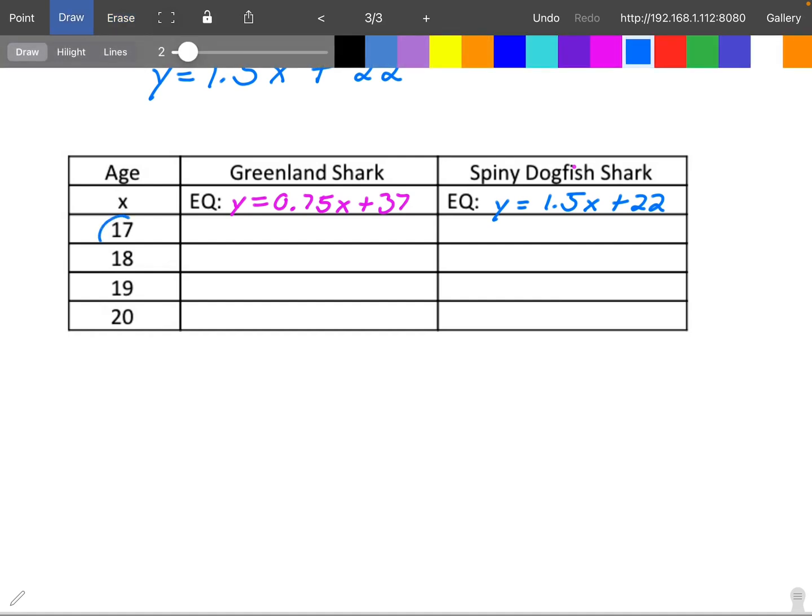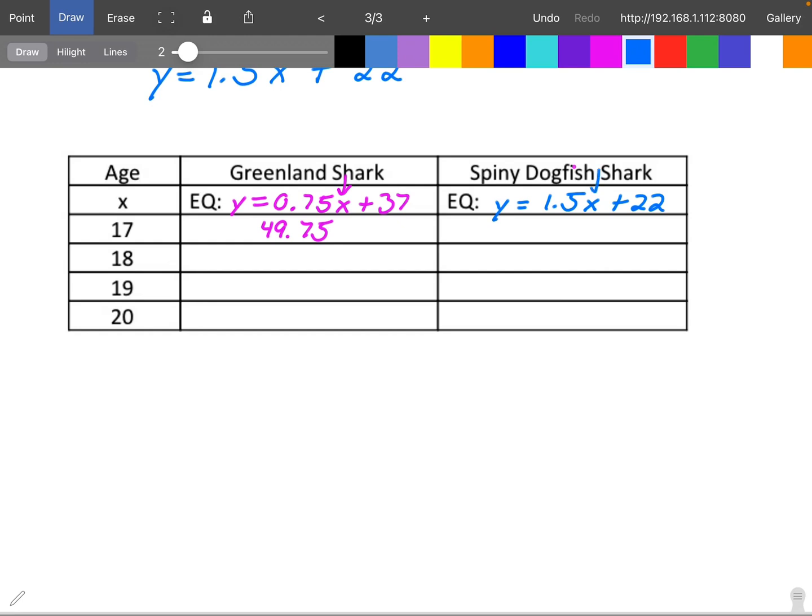So if we take 17, because that's our first x value, and we plug that in for x, so then 0.75 times 17, and then plus 37, you can use a calculator for this, would give you 49.75.